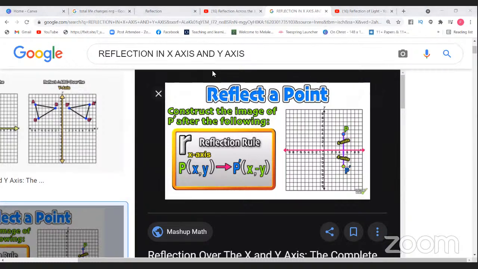Let me highlight the part that I want you to write down. Right here. Make sure you have this in your book. Everything right here. Yes, miss, all of that is in front of my face. The part that I highlighted, honey.